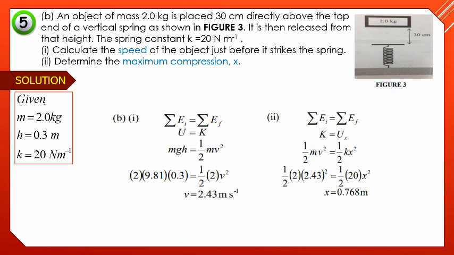From the calculation, we get the speed equal to 2.43 meters per second. For the maximum compression, the kinetic energy is equal to the potential energy of the spring, which is half kx squared. We substitute into the equation and we get x equal to 0.768 meter.